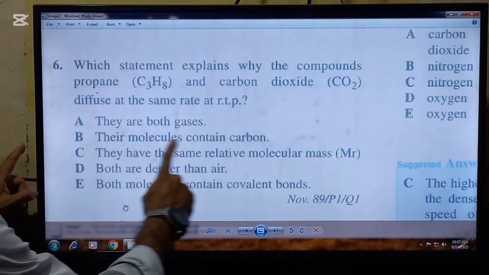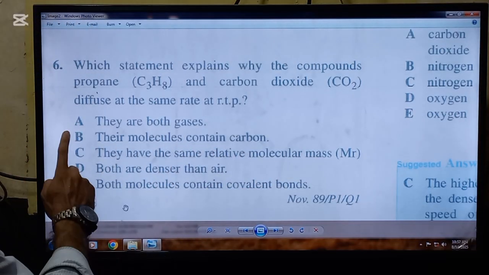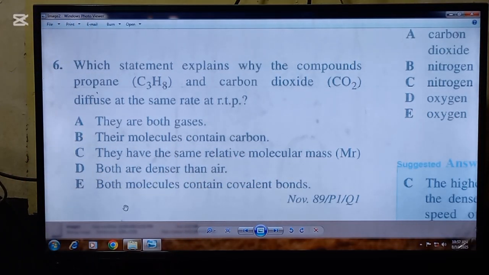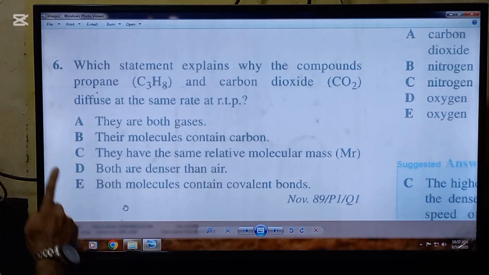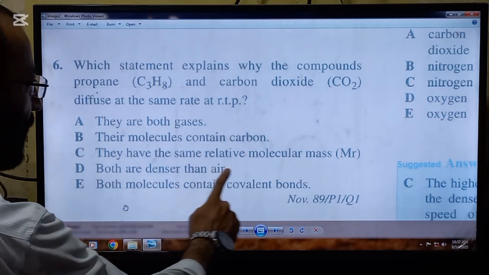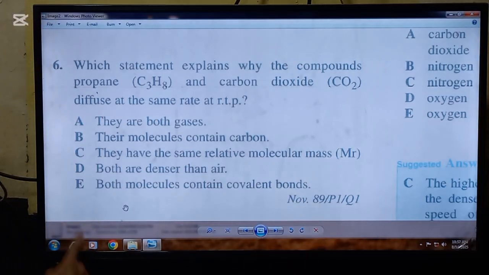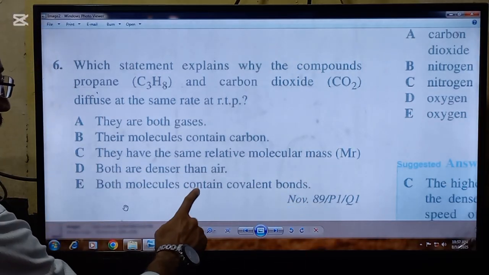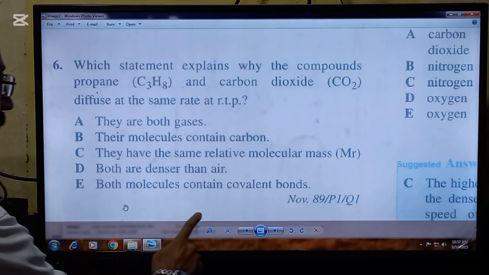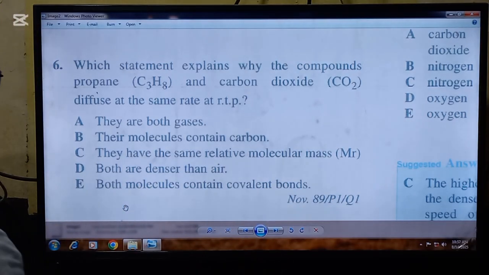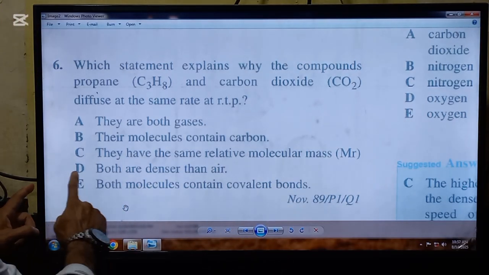So these options are: A, they are both gases; B, their molecules contain carbon; C, they have the same relative molecular mass; D, both are denser than air; and E, both molecules contain covalent bonds. So the answer will be C.